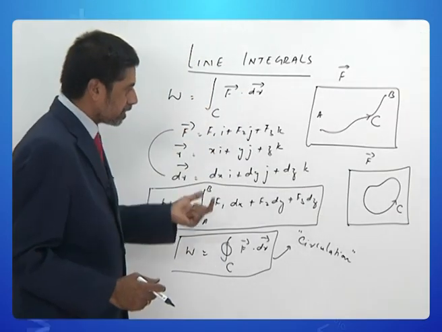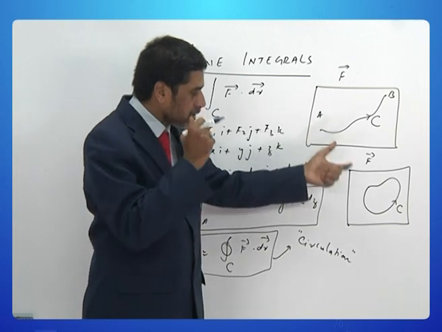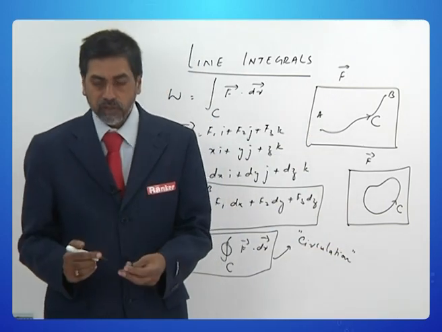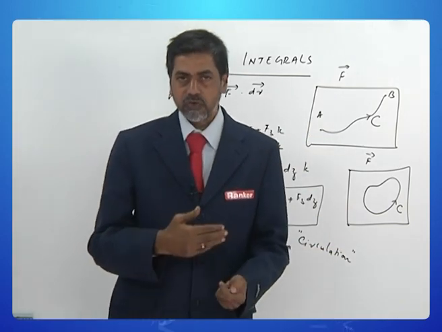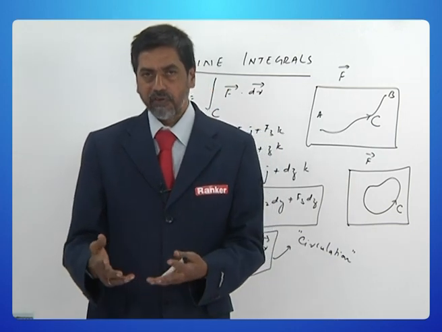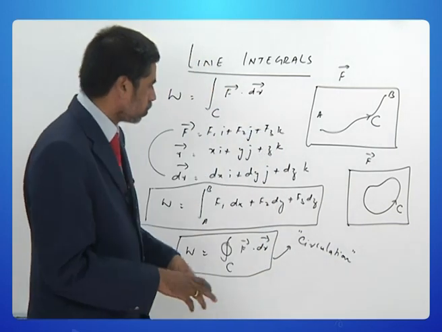So basically in line integrals, we have open line integrals and closed line integrals. Whenever it's an open line integral, we just follow the simple way of integrating using this rule.